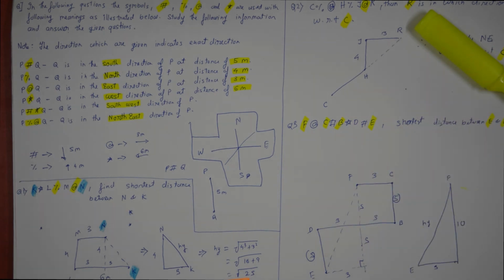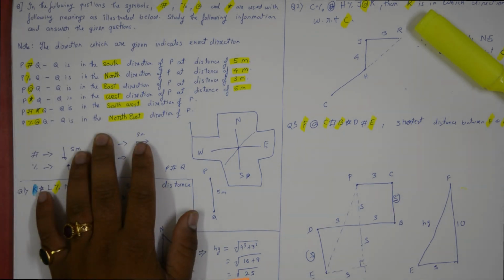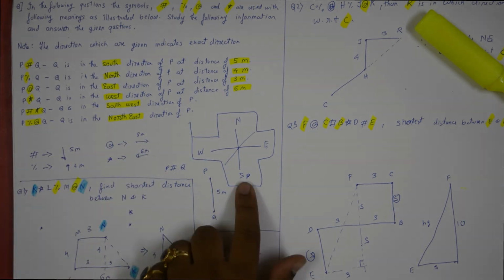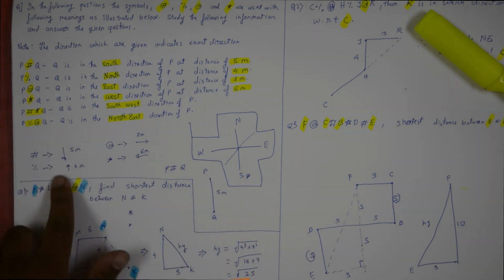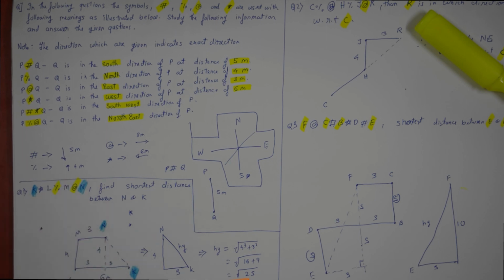So let's conclude. Whenever there are questions regarding directions, first thing to be drawn is a compass. Then try to condense the data into simple directions like left, right, down, up. So it will be much easier to draw the diagrams.